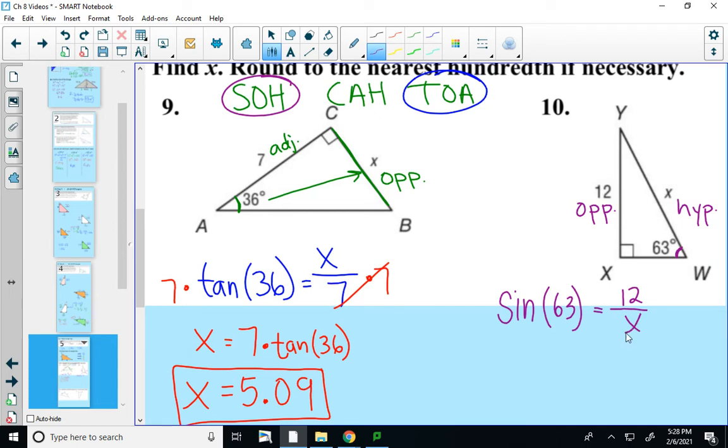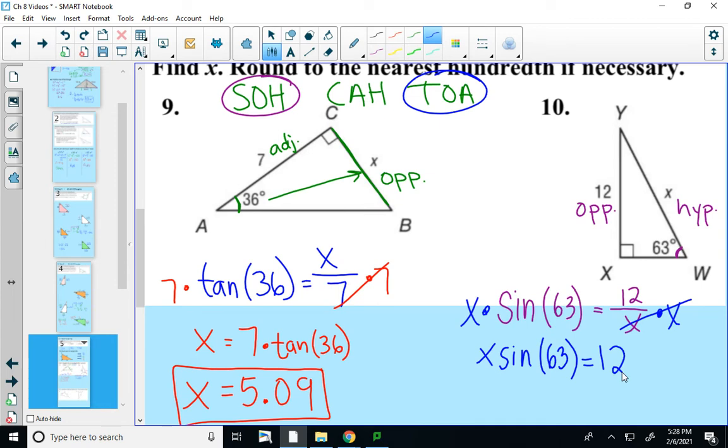All right, I've got an equation and I want to get x all by itself. I'm going to start by just getting rid of this fraction. So to undo that fraction, I'll multiply each side by x. That'll cancel on the right. So I know x times the sine of 63 will equal 12.